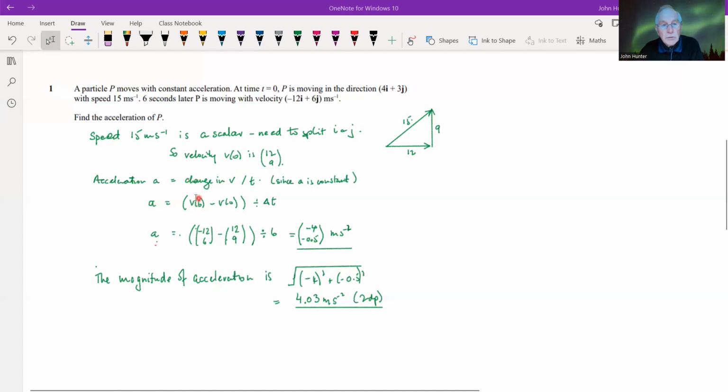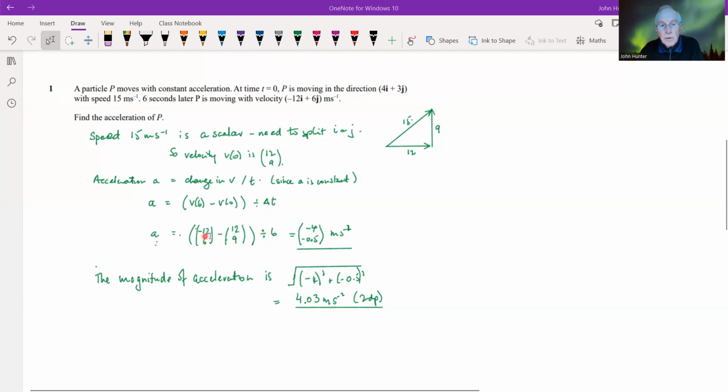So acceleration is equal to the velocity at time t equals 6 minus the velocity at time t equals 0, v6 minus v0, divided by delta t, the change in time. So this is the velocity at t equals 6, just a column vector expression of that. This is the velocity at time t equals 0, which is what we've got here. And then divided by the change in time, which is 6 seconds.